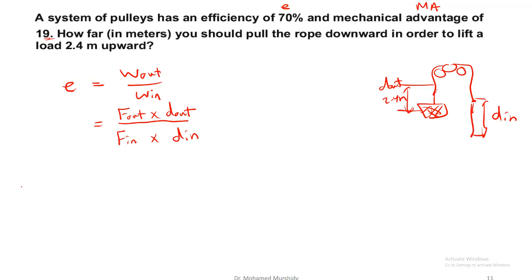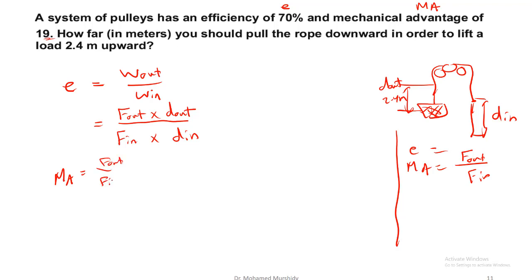Look at that, guys. The mechanical advantage also, if we just write down everything that you know here on the margin: the mechanical advantage is, I think, F out over F in. I think it's clear.